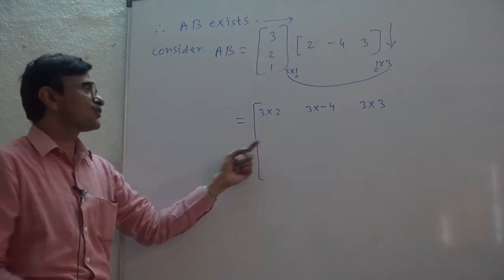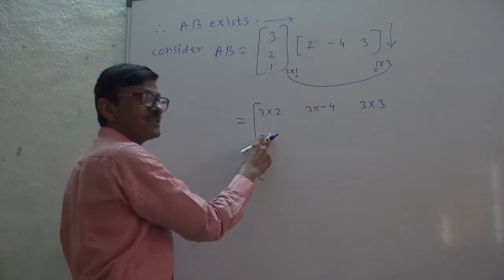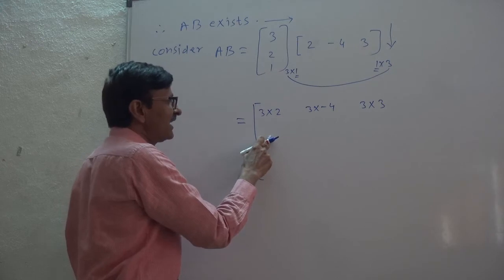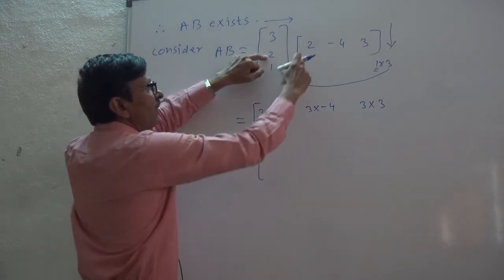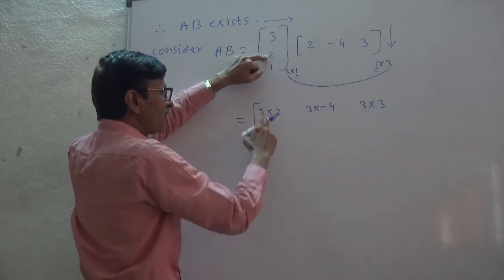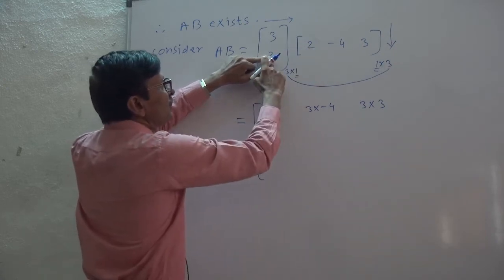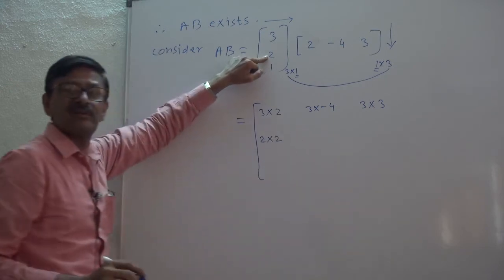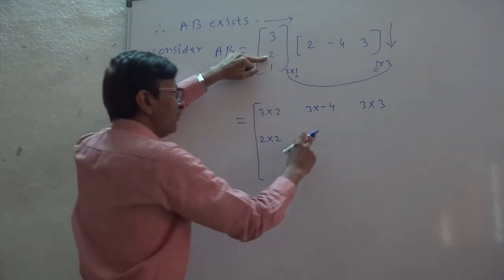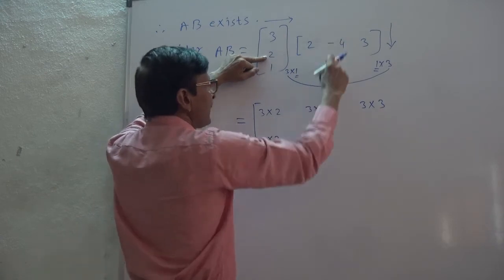Now come to the next row. What is the position of this element? It lies in the second row, first column. So 2 multiplied by 2. The position is second row, second column.